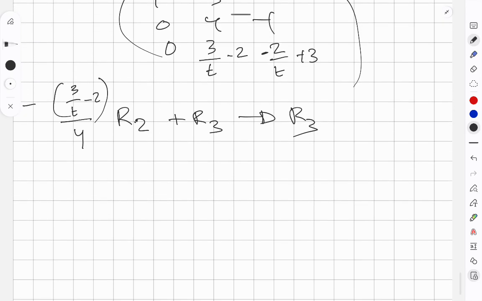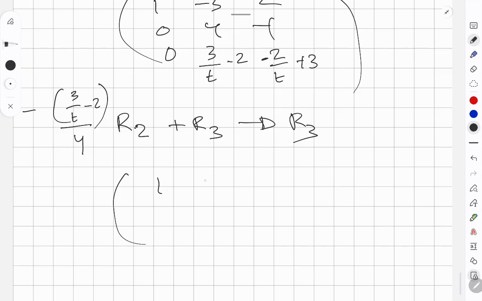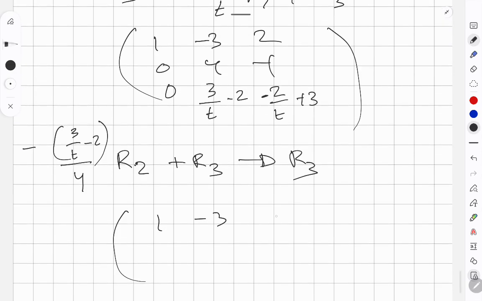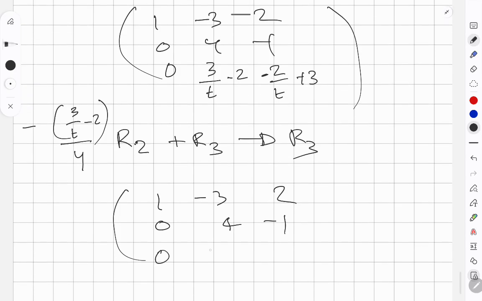So what will happen? 1, negative 3, 2, 0, 4, negative 1, 0, 0. But this one I have to analyze. So this one will be negative, negative, positive. So it's 3t by 3t minus 2 by 4.